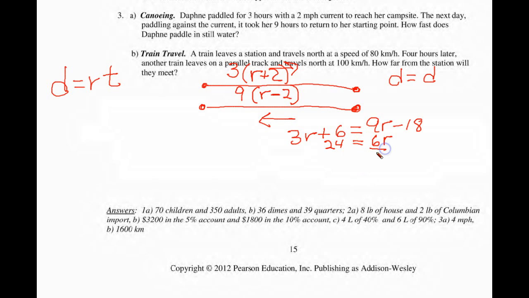So I divide both sides by 6. I get R equals 4. Her rate in still water is 4. And that's what I did to get it done. Again, if you're copying this down, which I strongly advise, you will pause the tape to get it done.